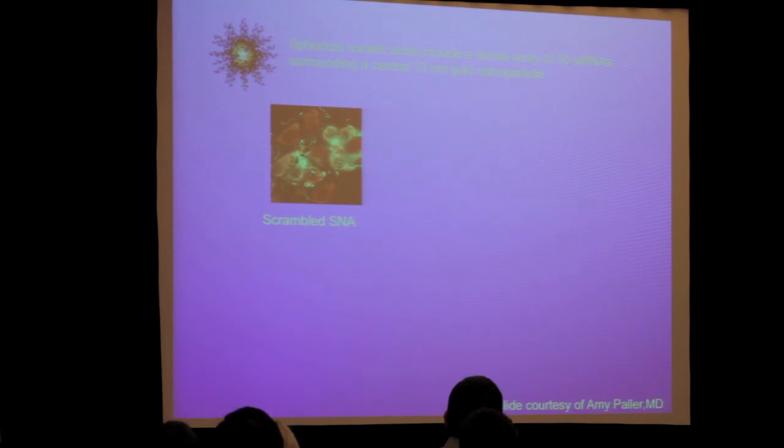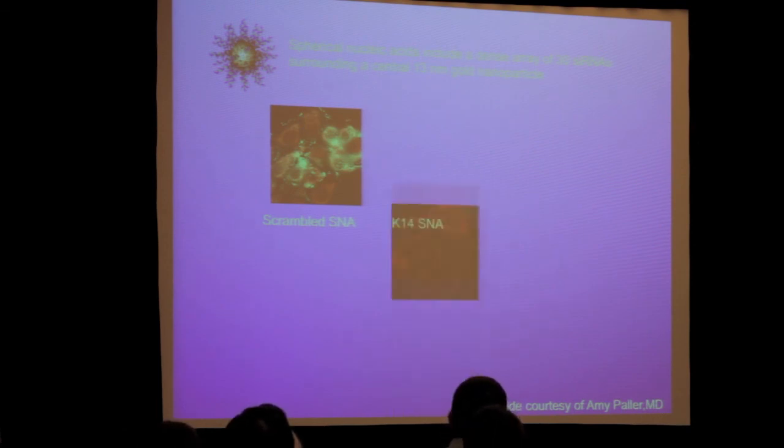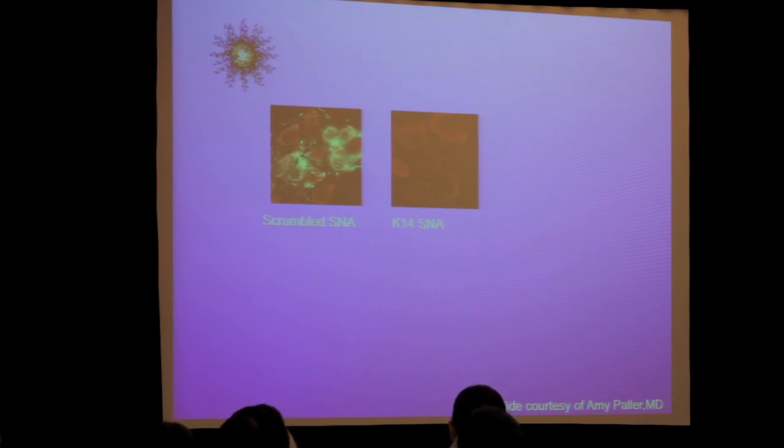And if you look over here, this is keratin 14, in the red is normal, in the green is the mutated, and she's taken these small RNA molecules and put them in this special cream, and lo and behold, you get just the regular normal keratin. So this is really very exciting, and it's a really exciting topical delivery system, and I'll let Dr. Paller take any questions on that.